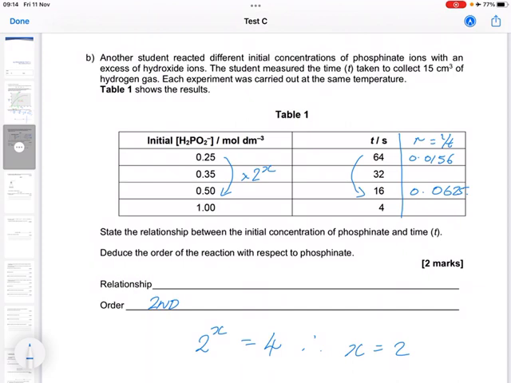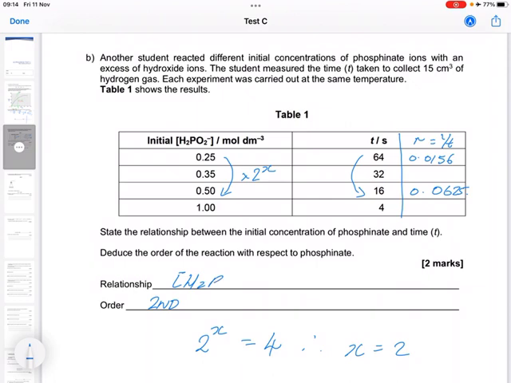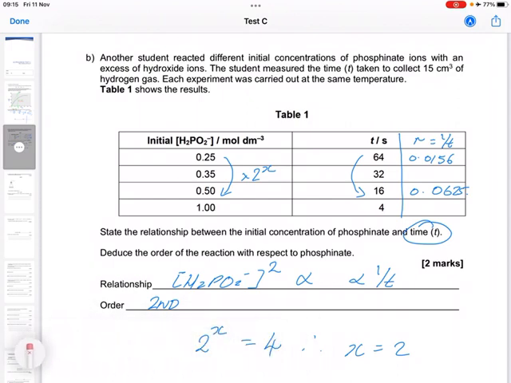So the concentration of H2PO2 minus, squared, is proportional to the rate. But it's asking you for the relationship with time, and rate is proportional to 1 over time. So if I just rub that bit out there, there's the relationship.